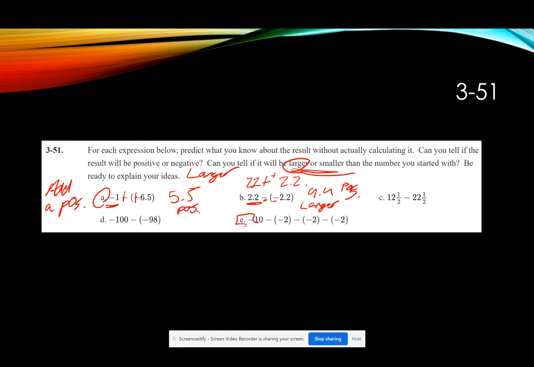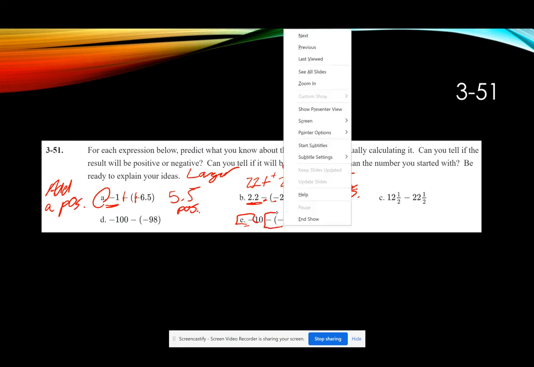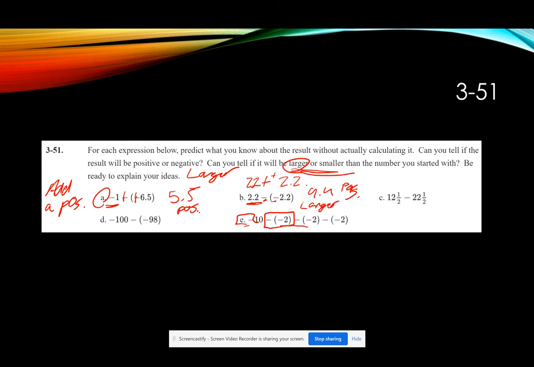We'll do E. E says we have -10, and then we have minus -2, minus -2, minus -2. Well, I can rewrite this as -10 plus 2 plus 2 plus 2, right? Because those negatives essentially cancel out, the subtracting a negative.